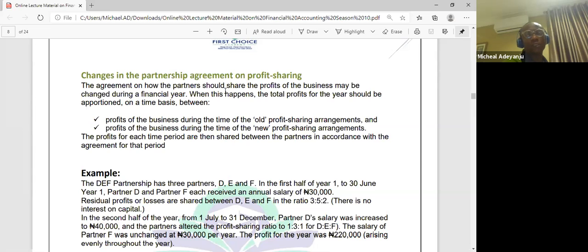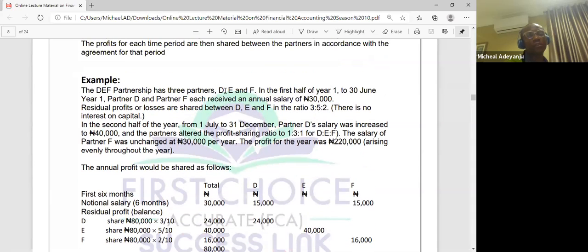When this happens, the total profit for the year should be apportioned on a time basis: profit of the business during the time of the old profit ratio arrangement, and profit of the business during the time of the new profit arrangement. That is, if the change occurs during the year. Anyways, let's look at an illustration to make it clear.